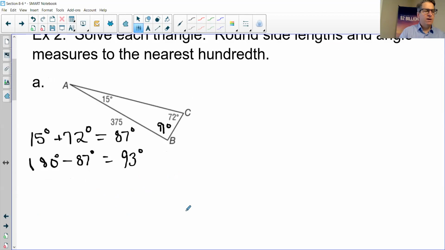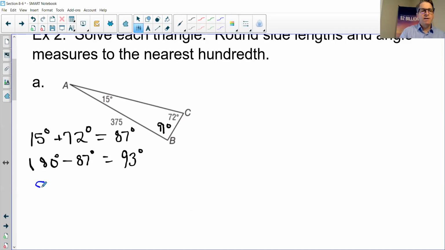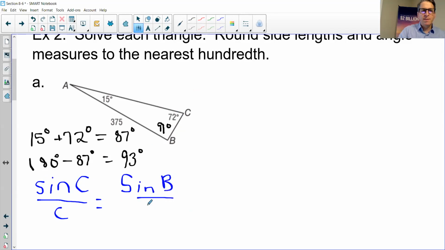Okay, so let's go ahead and lay out the law of sines. The sine of C, which would be the sine of 72, divided by the side c will equal the sine of B over the side b.